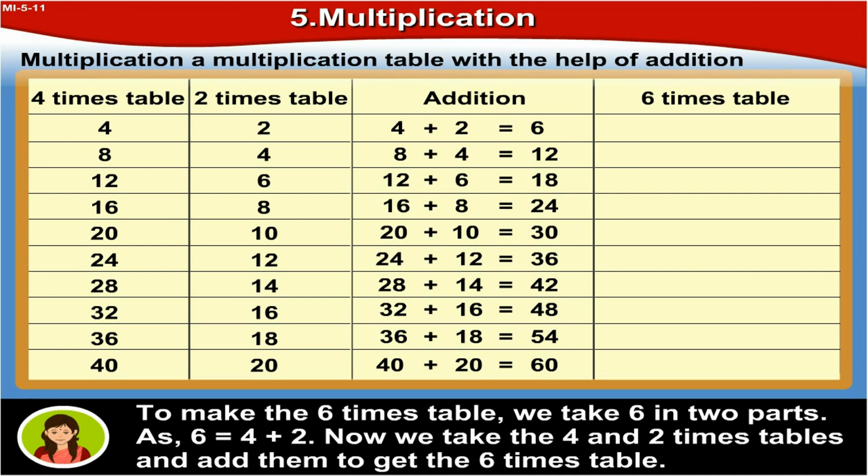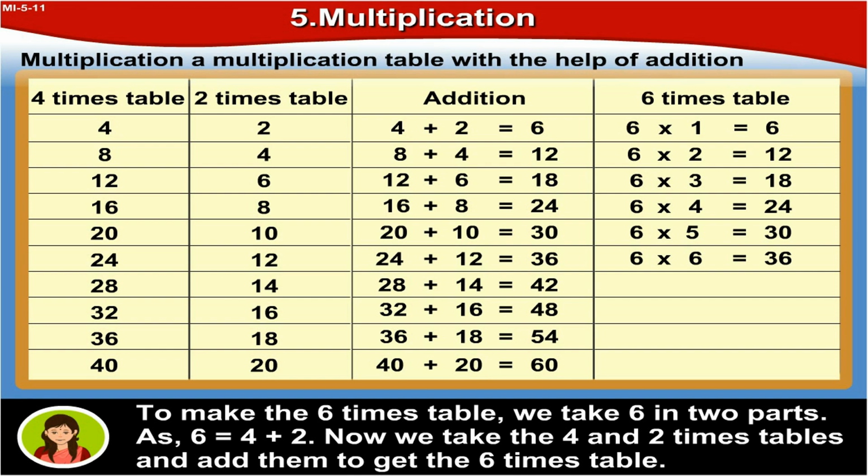All right. 6 ones are 6, 6 twos are 12, 6 threes are 18, 6 fours are 24, 6 fives are 30, 6 sixes are 36, 6 sevens are 42, 6 eights are 48, 6 nines are 54, 6 tens are 60.